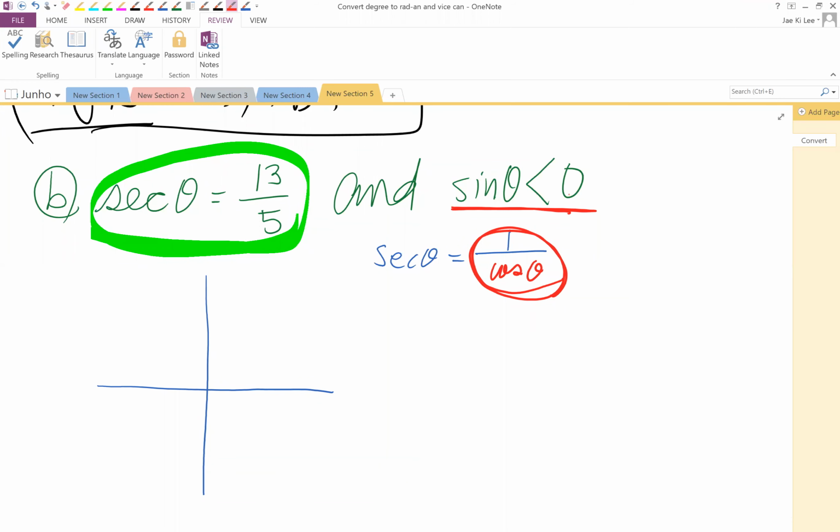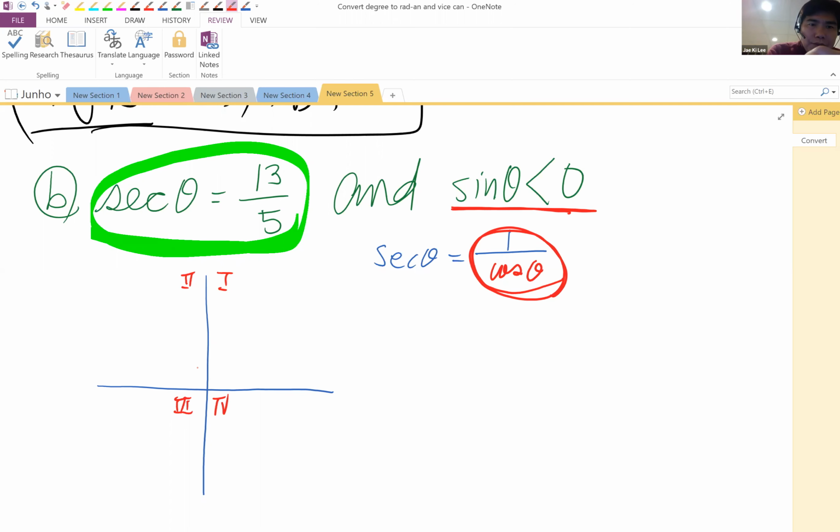Sine represents the y-axis, so you need to find which quadrant has cosine positive and sine negative. Quadrants go in the counterclockwise direction. Because we said the sine represents the y-axis and the cosine represents the x-axis. So if the sine is negative, also the third one, the fourth one. The fourth, yeah.